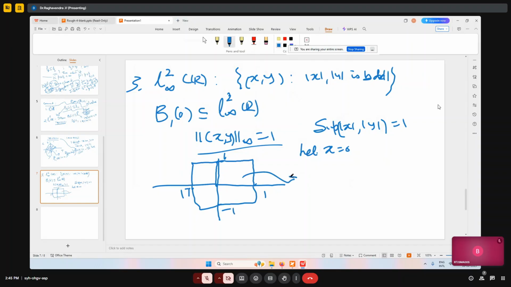So this will be the figure, including this, which will be the supremum of mod x comma mod y less than or equal to 1. This is the boundary. That's what I wanted to tell you about this.